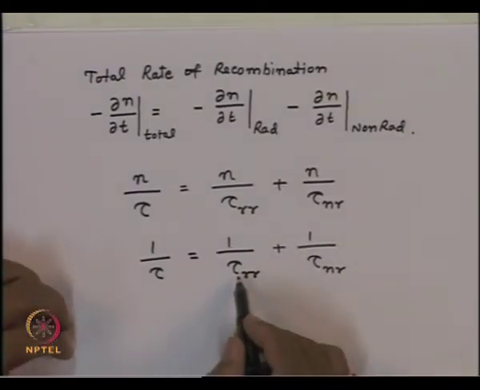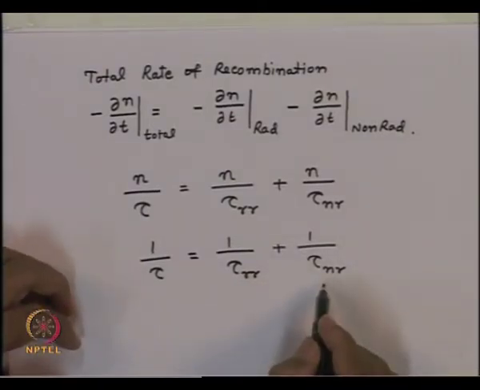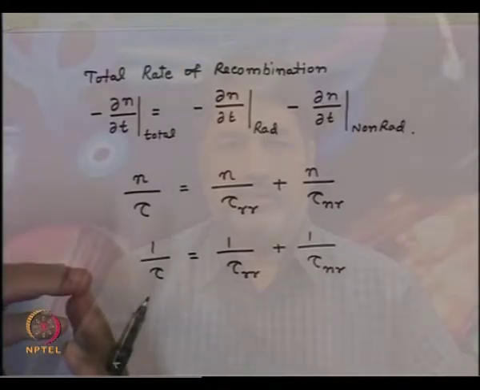If tau RR is much smaller compared to tau NR, then the effective lifetime will be the same as tau RR. Whereas, if tau NR is much smaller than tau RR, then the effective lifetime will be more or less tau NR. So, the smaller of the two essentially will decide the effective recombination lifetime of the carriers when they are injected in the depletion region.